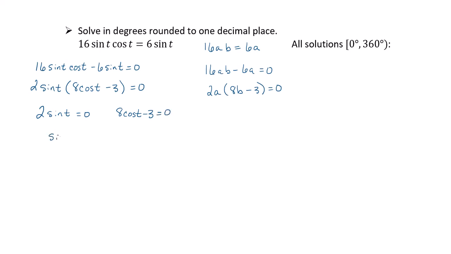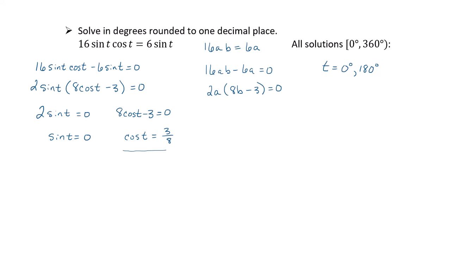So here the sine of t equals 0, and here the cosine of t is equal to 3/8. So where is the sine of t 0 between 0 and 360 degrees? That's going to be a t of 0 degrees or a t of 180 degrees.